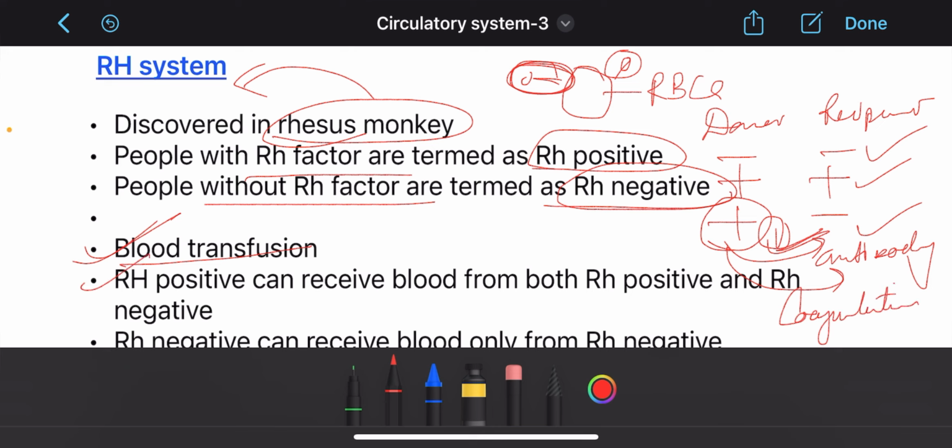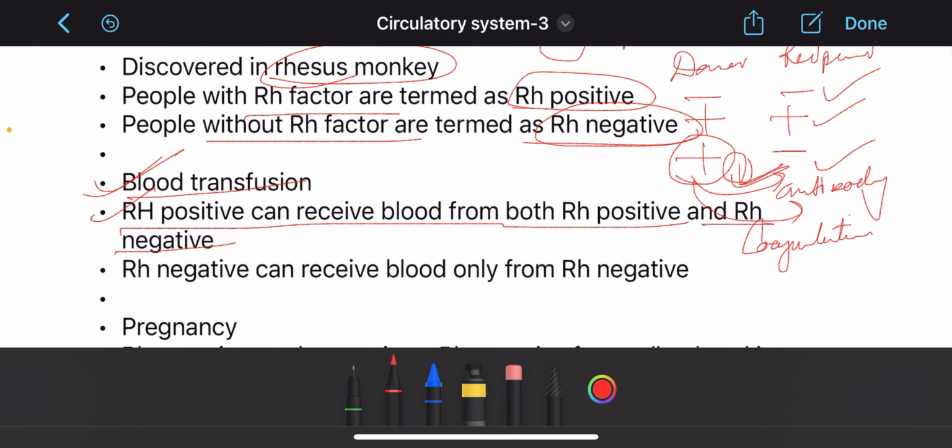Therefore, an Rh positive can receive blood from both Rh positive and Rh negative donor, but the Rh negative can receive blood only from Rh negative.